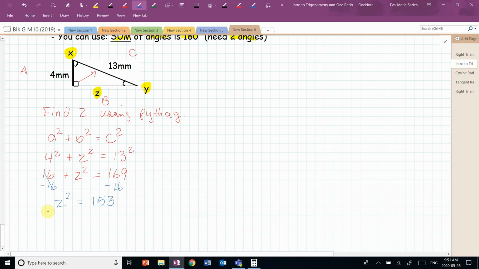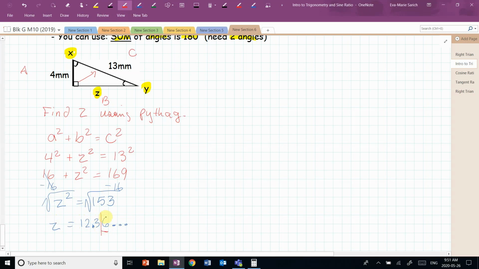Okay, so the square root of 153 gives me... Remember, to find Z, we take the square root of Z squared to give you Z. That means we take the square root of 153, and that gives us 12.36... We want our sides to 1 decimal place, so we're cutting off here.